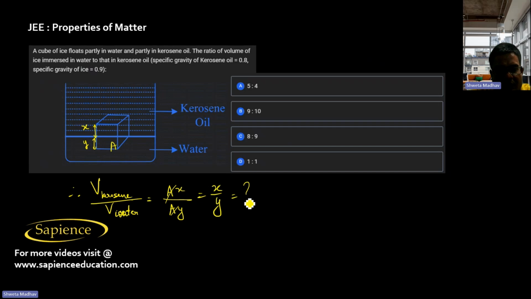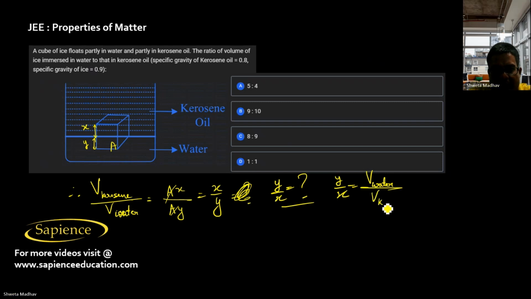If we can find this, then only we can find the ratio of the volume of the ice that is immersed in water to that of kerosene. So x by y is not asked, y by x has been asked. Y by x is equal to volume of the ice immersed in water by volume of the ice immersed in kerosene. So this value we have to find out.